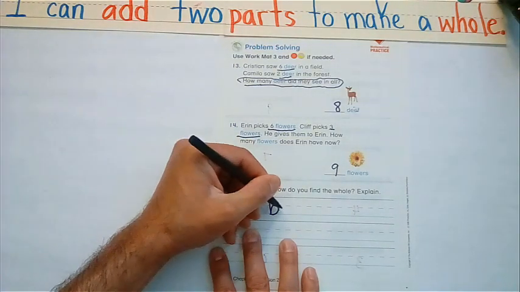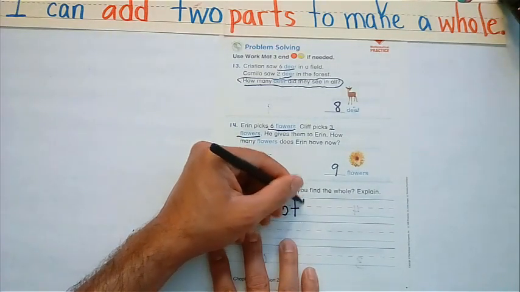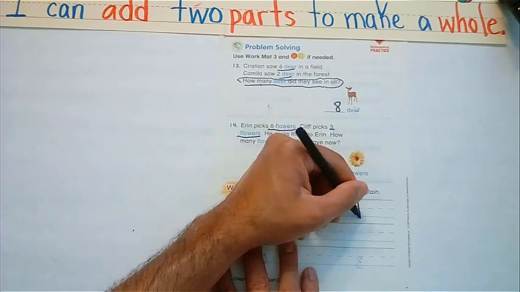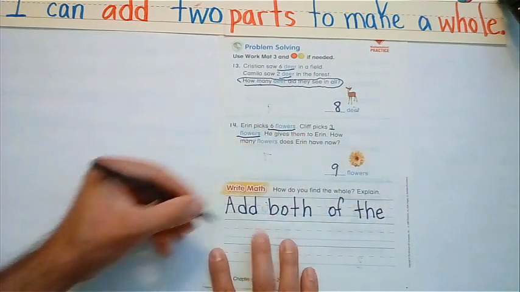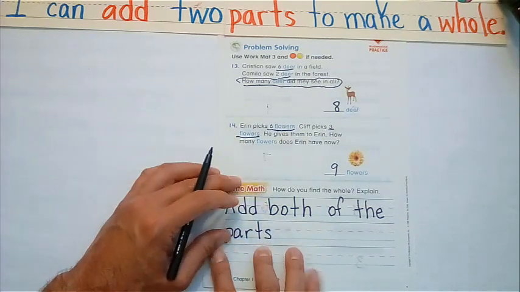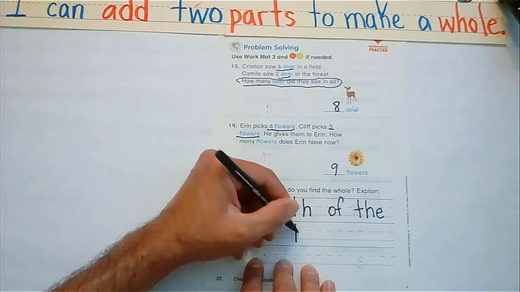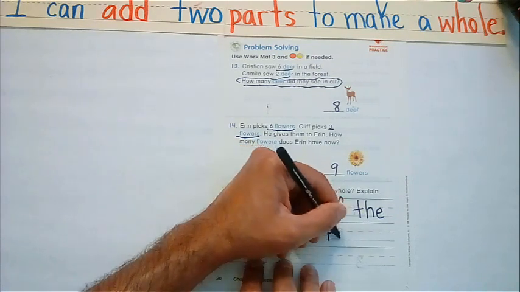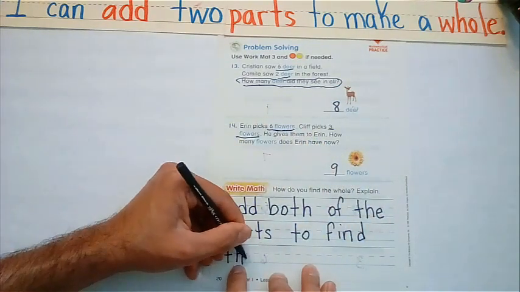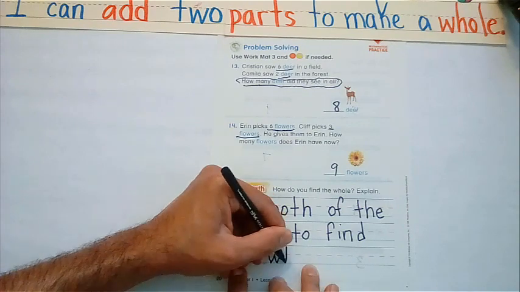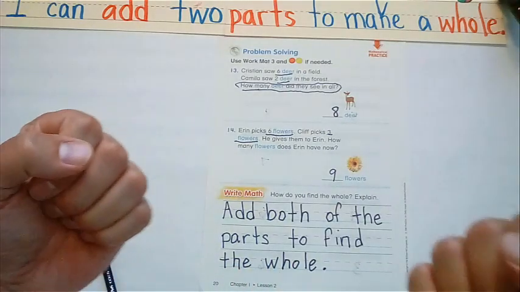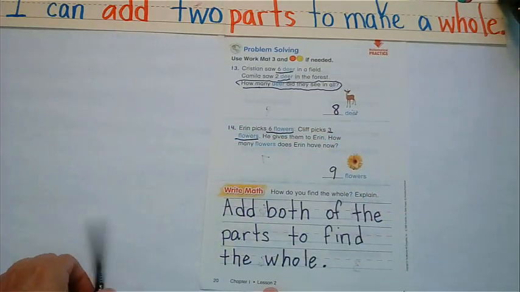You can add both of the parts to find the whole. Right? Because if you add both parts together, you could find the whole.